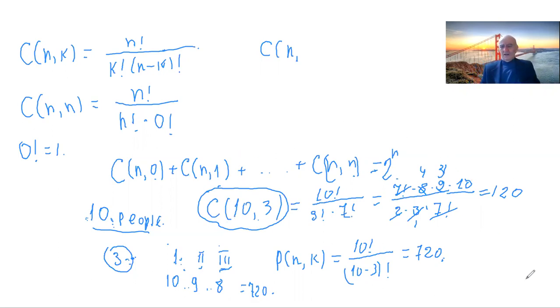Okay. Now let me give another problem. For example, we have two lines. In the first line, we have 4 points, and in the second, we have 3 points.